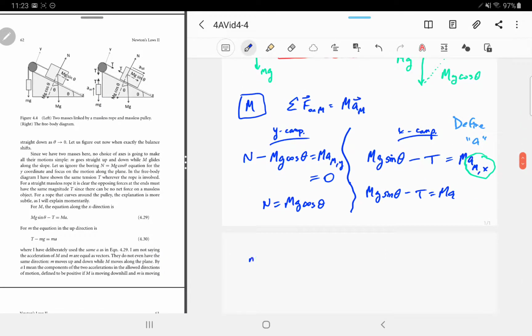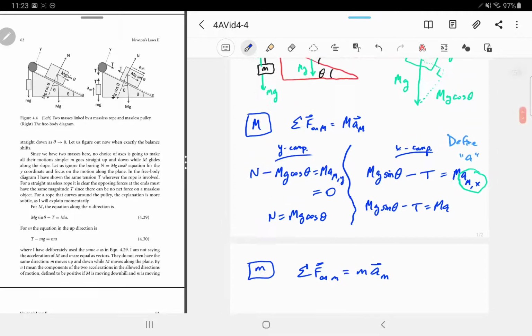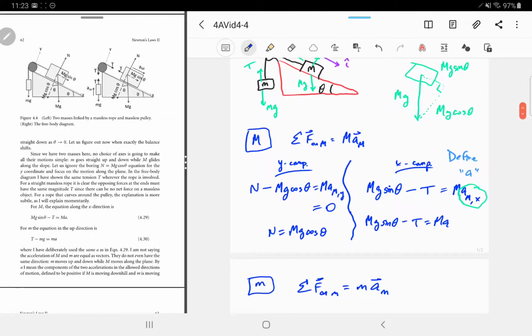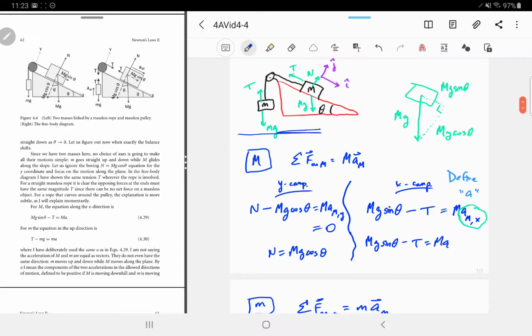Now lowercase m, if we look at F equals ma for that, we're looking at the sum of the forces on lowercase m is equal to lowercase m times that acceleration. Here there's only one really interesting direction. There's nothing going on in the horizontal direction here, only the vertical direction.